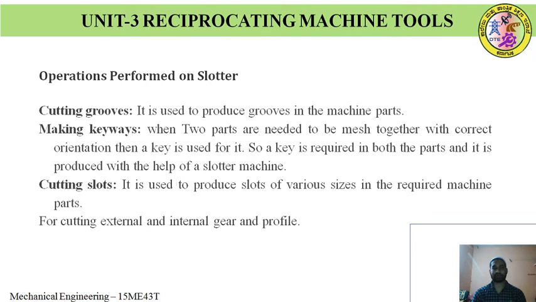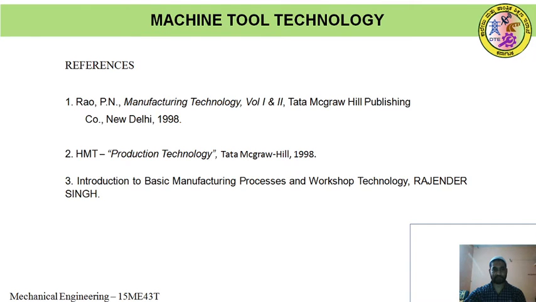The internal slot: for producing an internal slot, the slotter machine is the best choice compared to the shaper. Cutting slots: it is used to produce slots of various sizes in the required machine parts. For cutting external and internal gear profiles also we use the slotter machine.